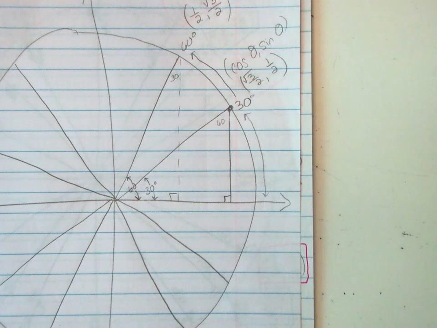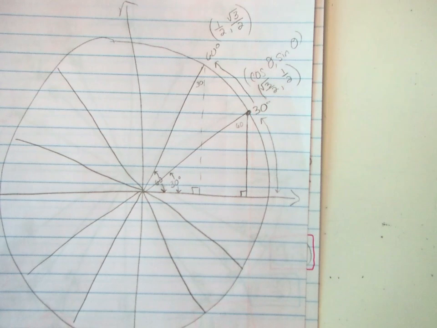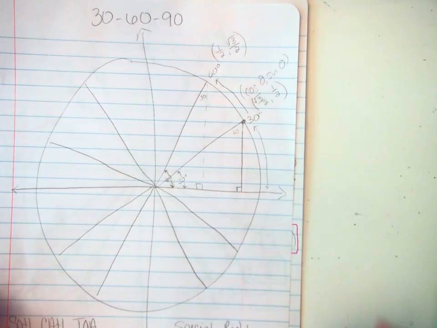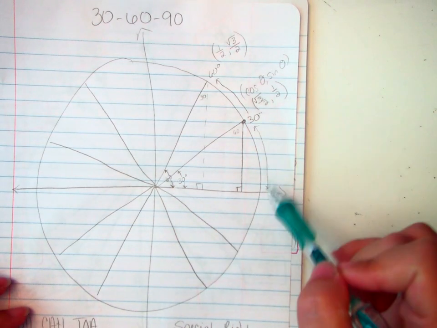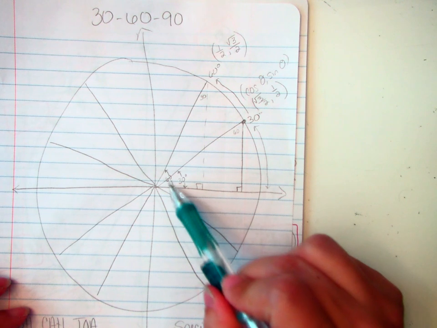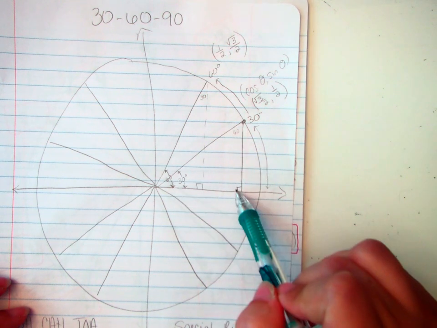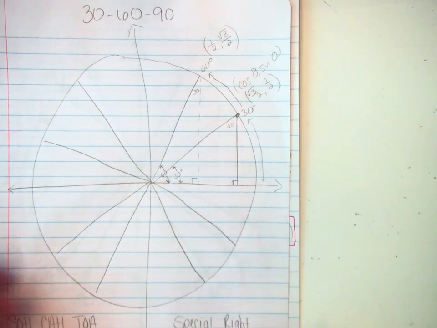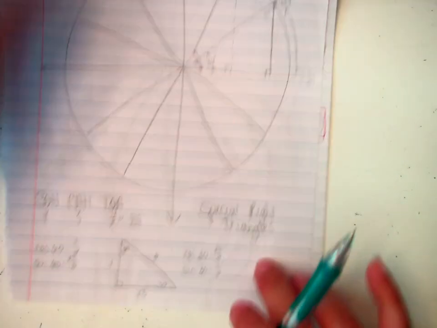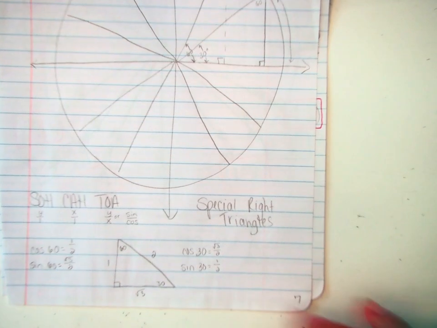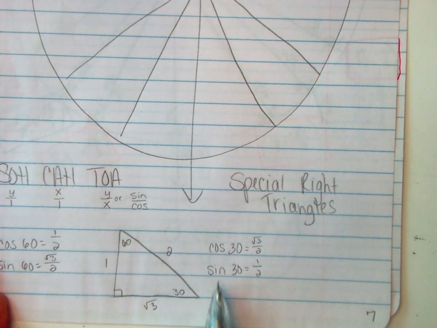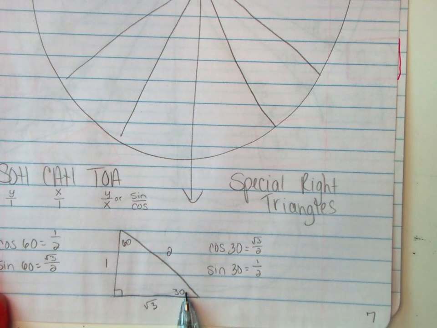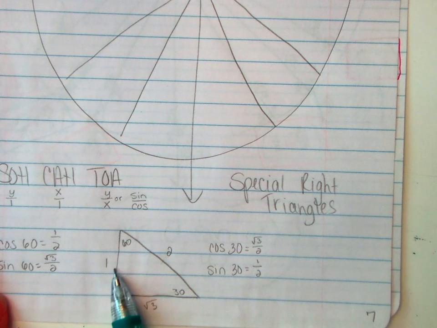All right, for the 30, 60, 90 triangle, I did both of these on one. So here's my 30. If I know this is 30, I know this one is 30. So that's my 60, 90. This is my triangle. So when I do the sine of 30 and the cosine of 30 of my triangle, sine of 30, if I'm at the 30, opposite over hypotenuse, 1 over 2.